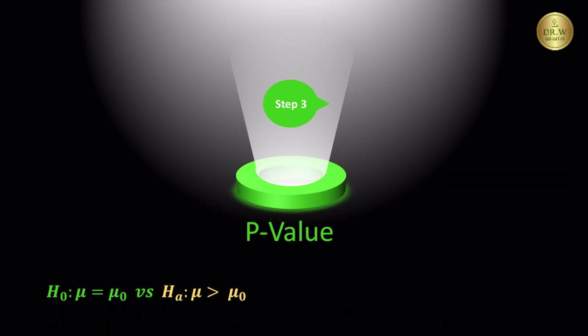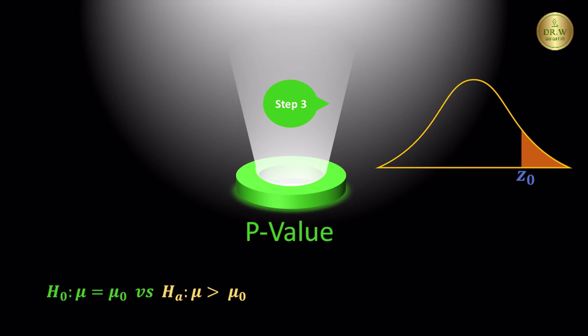Now consider the next. It is mu greater than mu naught under the alternative hypothesis. It is a right tail test. If it is right tail, how do we find the p-value? You know here z naught is the test statistic. Then we find the area under the curve to the right of z naught.